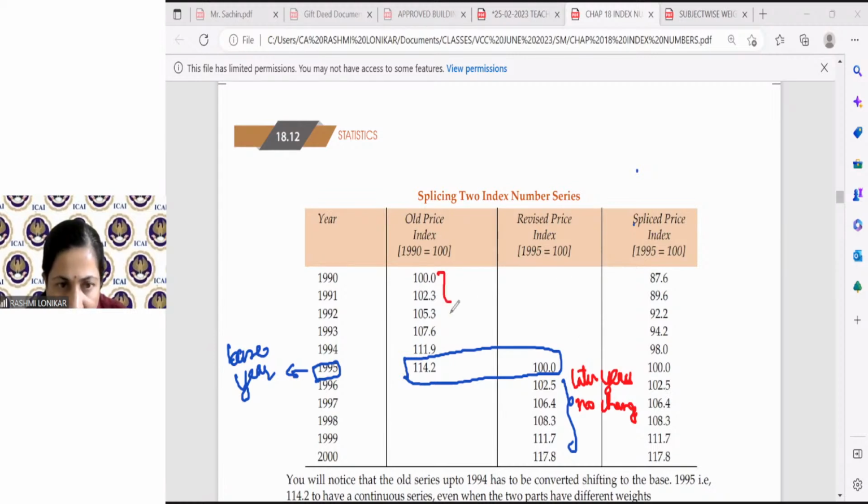What is going to change is here. How is it going to change? Because 114 became 100, it becomes 100 divided by 114, so 0.8772.